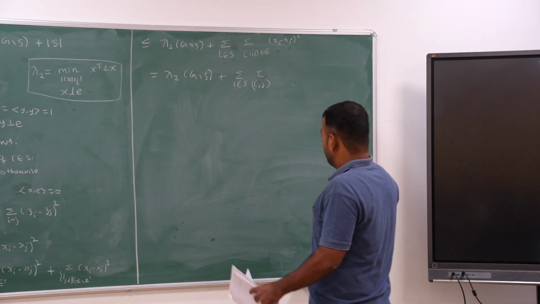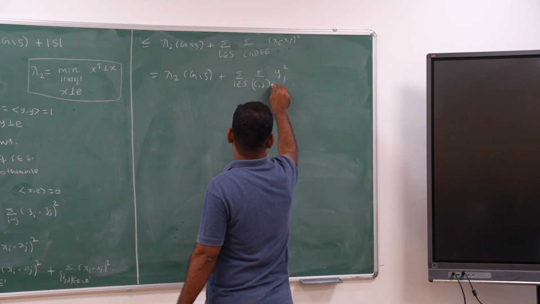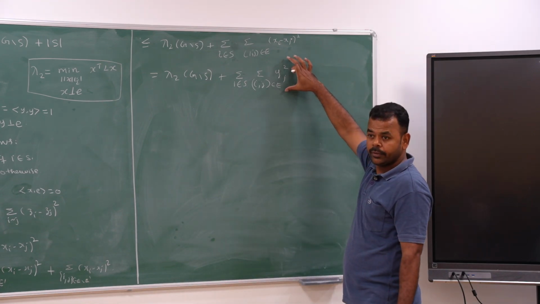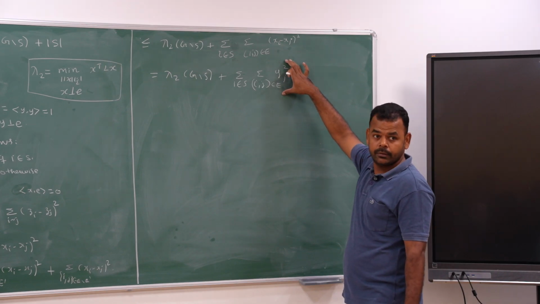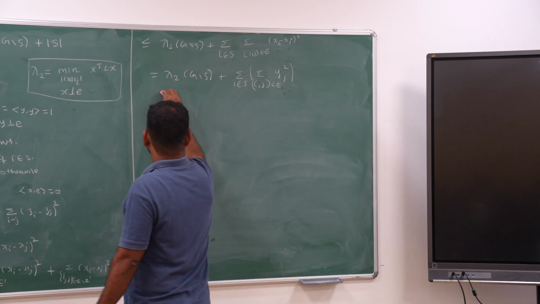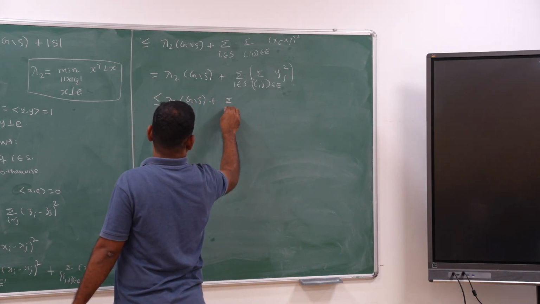Now y_j square sums to length equal to 1; we are taking only part of that vector y. So this will be less than or equal to 1. So this sum is less than or equal to 1. So this is less than or equal to lambda 2 of G minus S plus summation over i in S.